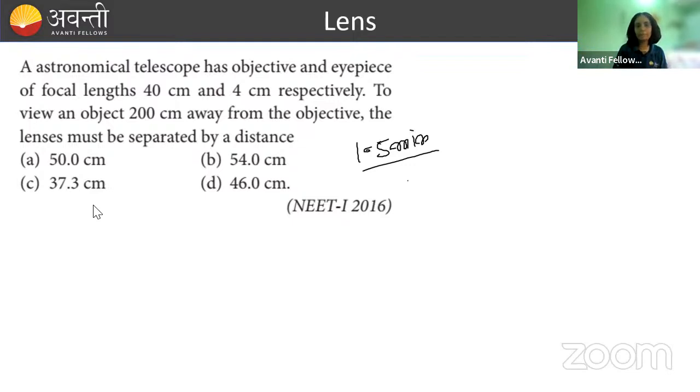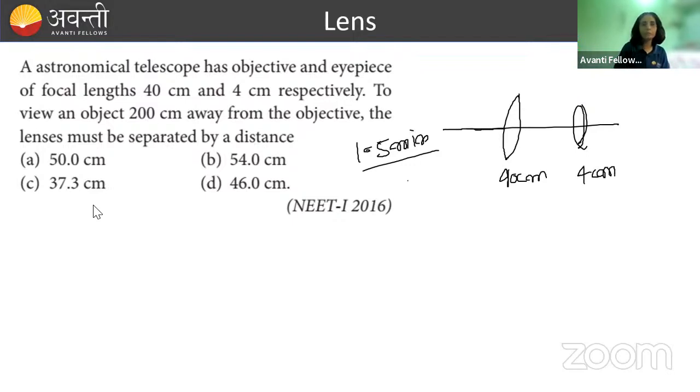You all might have done it, I'm assuming that. So now there is an astronomical telescope and it has an objective and an eyepiece. The objective's focal length will obviously be greater. So its focal length is 40 centimeter and the eyepiece focal length is also given, equal to 4 centimeter. Then what is given in the question?